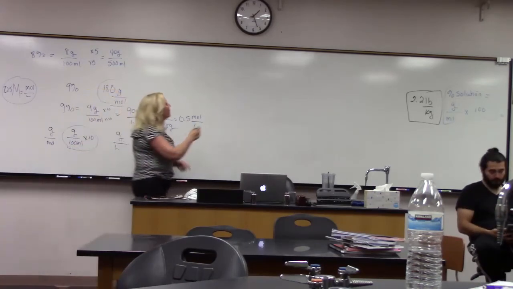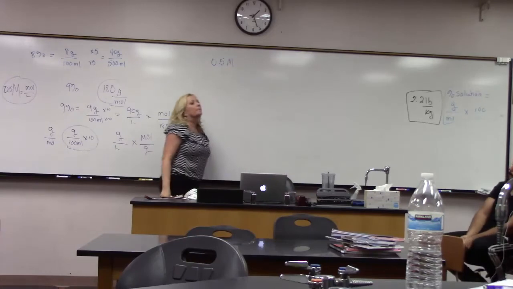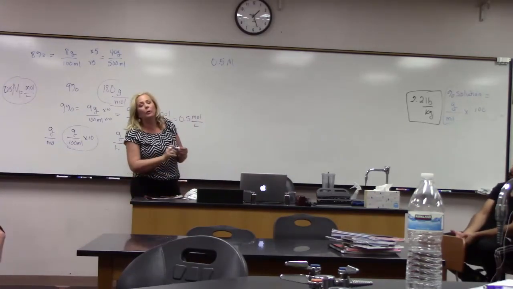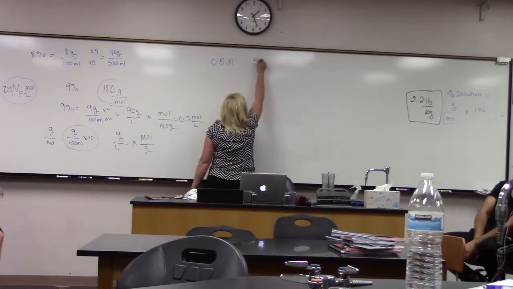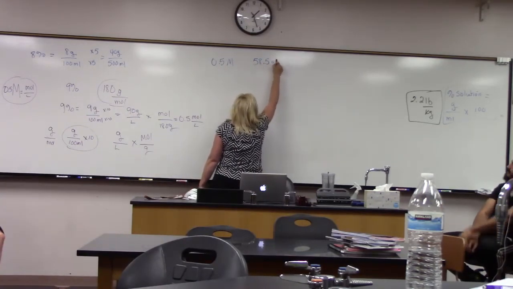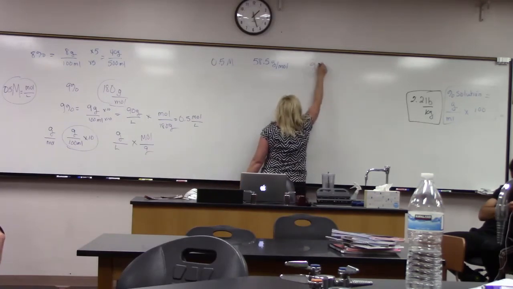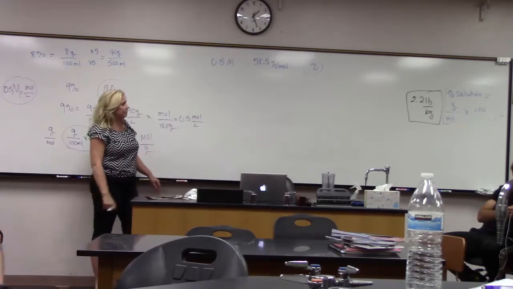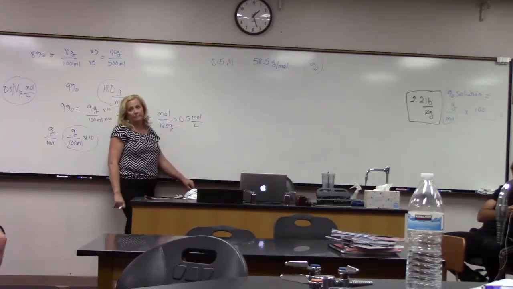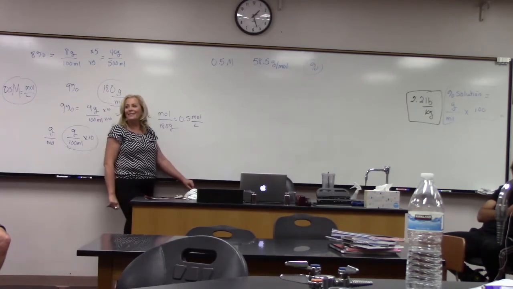Okay, so we have a 0.5 molar solution of sodium chloride. What's its molecular weight? 58.5 grams per mole. And we want to find percent. So how do I set this up? Same way you did the last one, you just changed the numbers. Yes, very good.